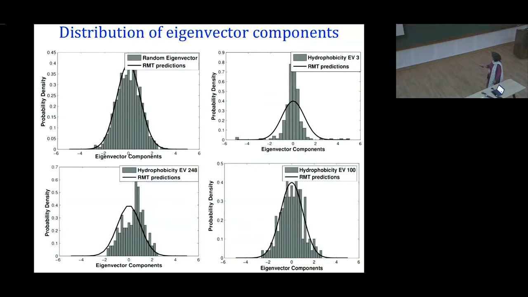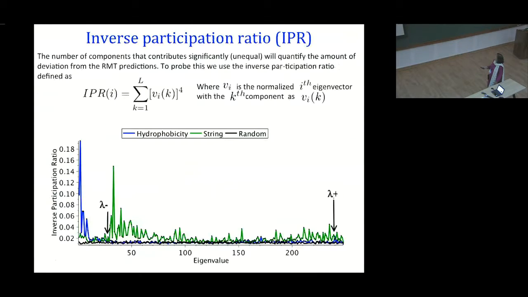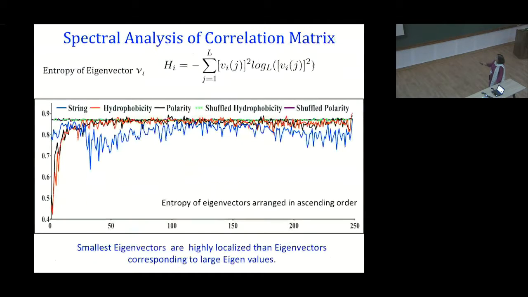And these are the distribution of the eigenvectors, and I should go on because I have 2 minutes left, and come to this slide in which I'll look at the entropy of the eigenvectors. These are the eigenvectors at position i, and it's the jth element in that eigenvector corresponding to the eigenvalue i.